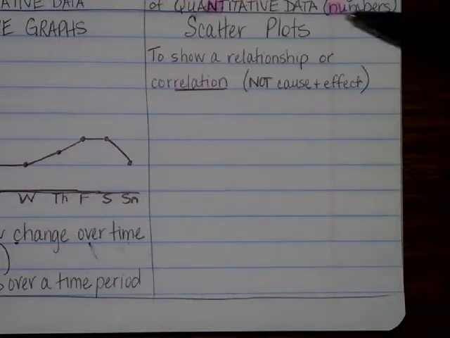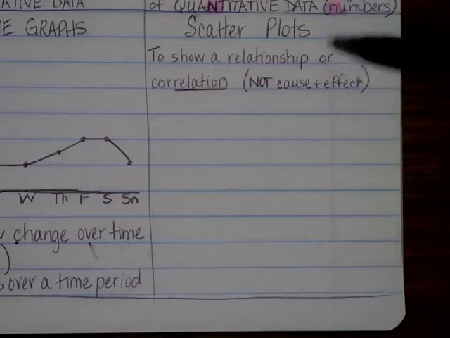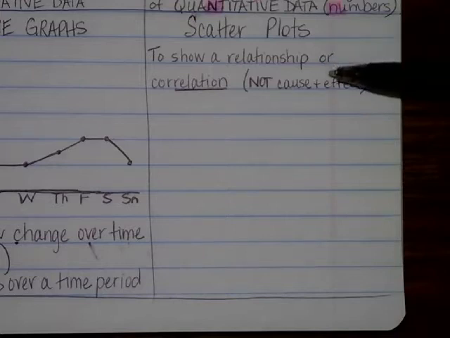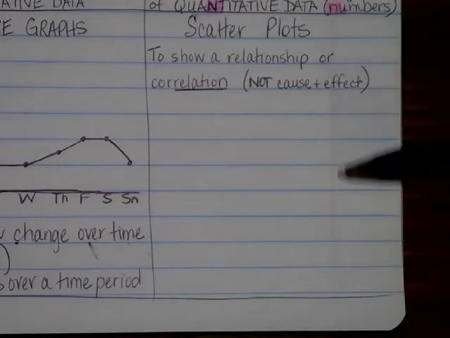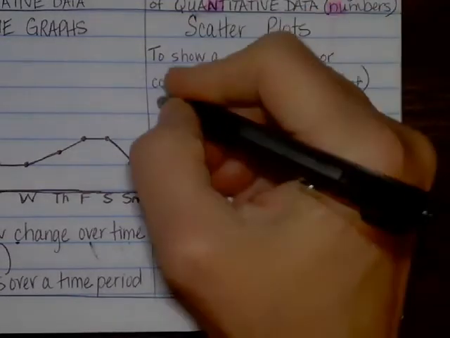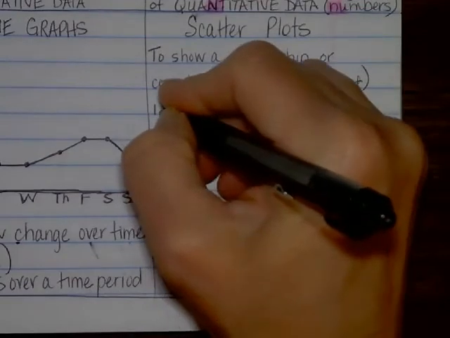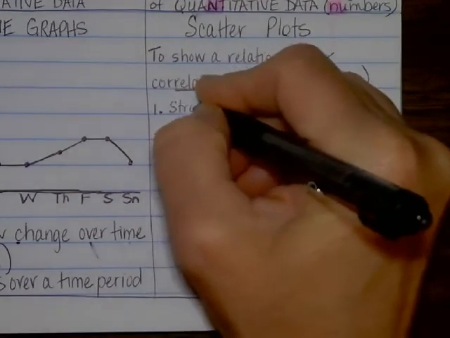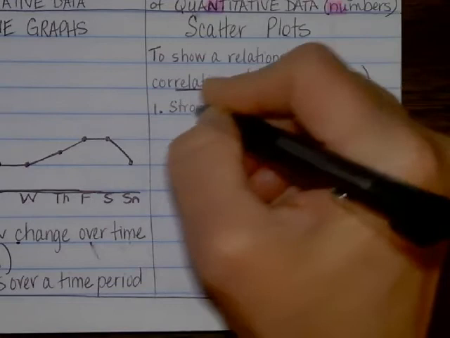So with scatter plots, you are trying to determine if there's a relationship. So you basically, when you read a scatter plot, you come out with one of 3 conclusions. First, you could be able to see a strong correlation.